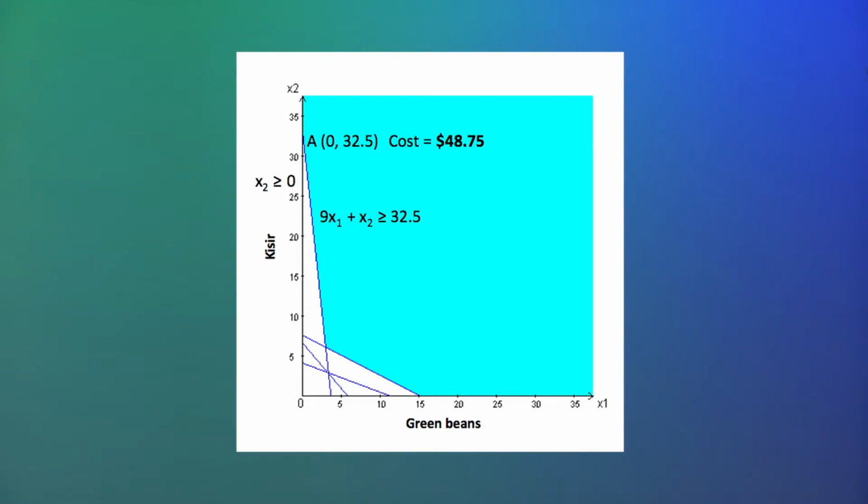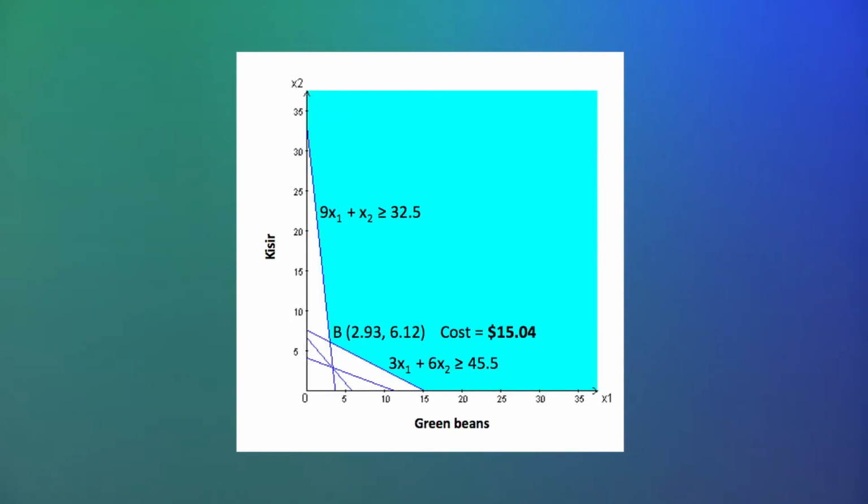Evaluating our objective, which was z equal to 2x1 plus 1.5x2 at point A with x1 equal to 0 and x2 equal to 32.5 gives us a total cost of $48.75.